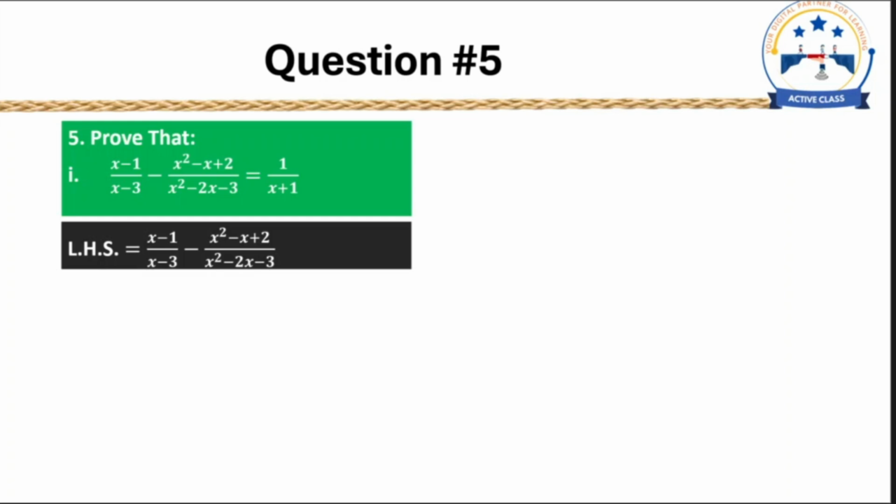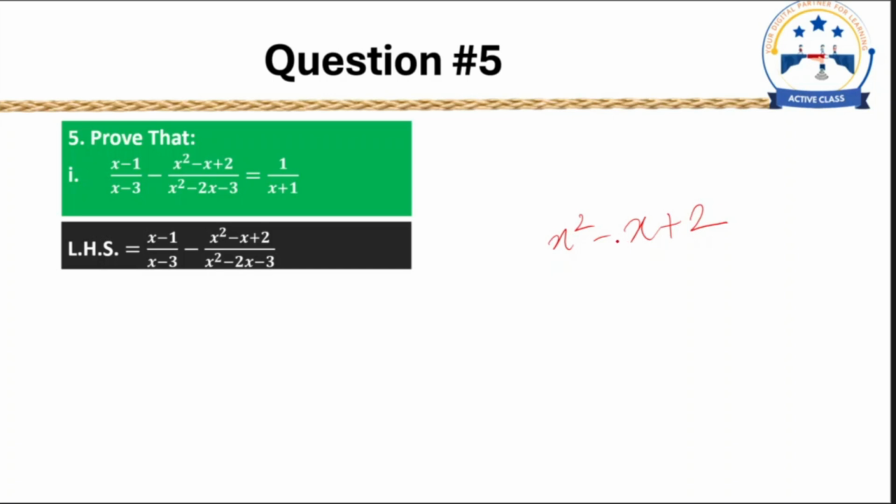First step, if possible, factorize the numerator and denominator. First fraction, it is already in the simplest form. Second fraction, I think we can factorize the numerator and denominator. Let me try x squared minus x plus 2. Here the only possible way to factorize is by splitting the middle term.